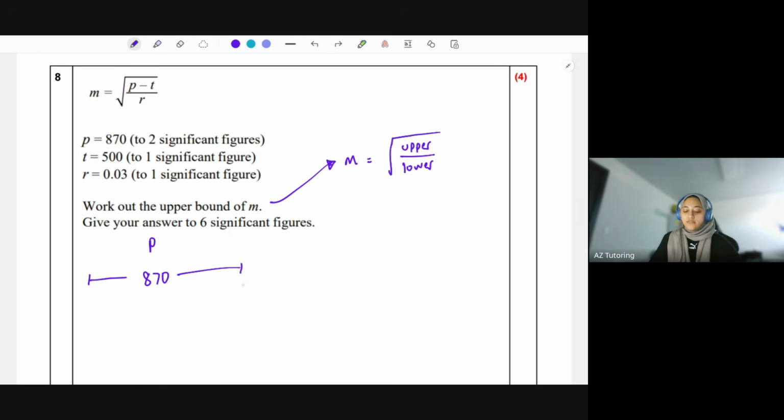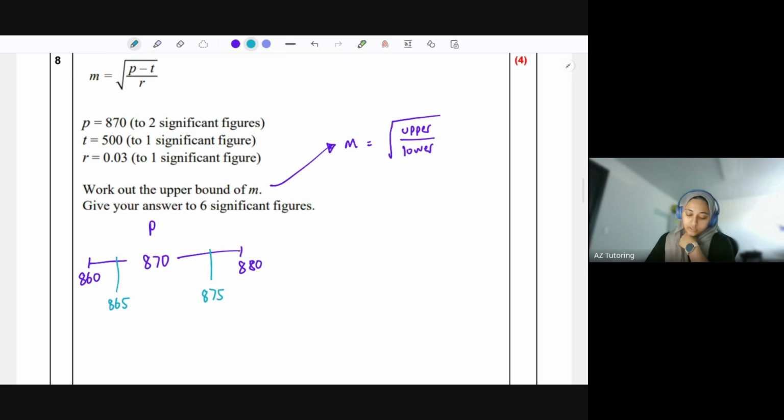So 870 add 10 is 880. 870 minus 10 is 860. And then my bounds are in between here. So what's in between 860 and 870? That is just 865. What's in between 870 and 880? That's just 875. So they're my upper and lower bounds of P, the ones in blue.